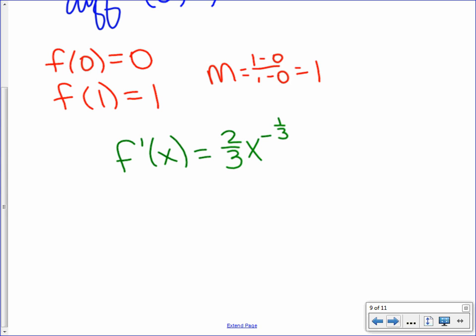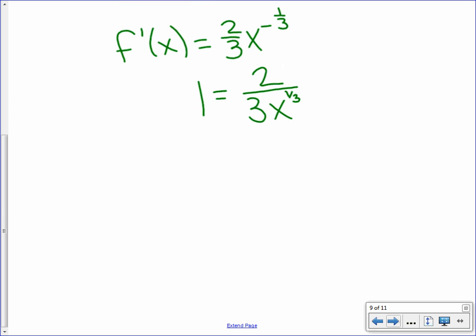So we want to know where, I'm going to write this as 2 over 3x to the 1/3 equals 1. Is x in a denominator helpful? No. So let's multiply it over.